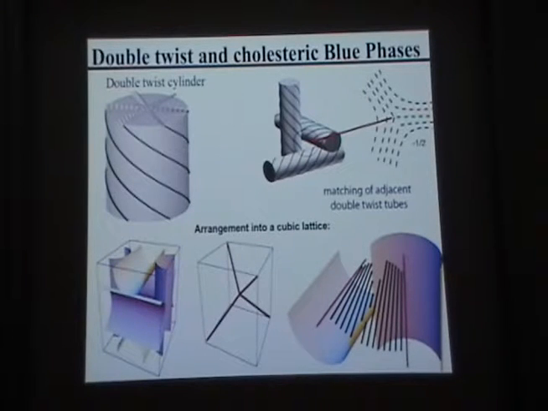can assemble into the cubic phases, such as body-centered or face-centered cubic phases, or also amorphous phases, such as blue phase 3, in which case you have a spaghetti formed by those double twist cylinders, right? So spaghetti-like structure.